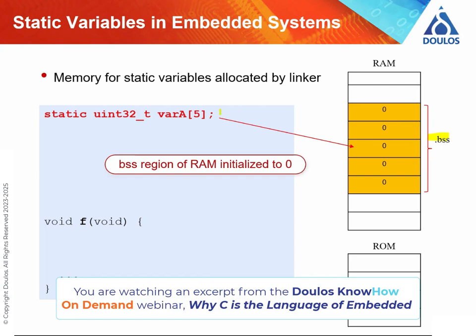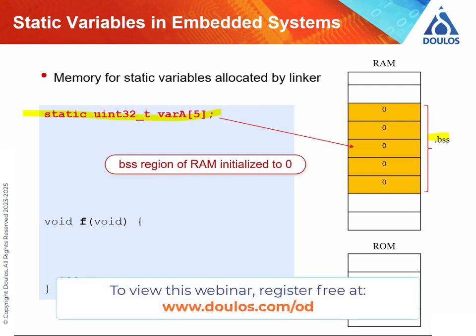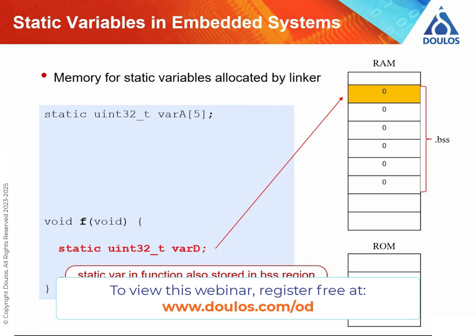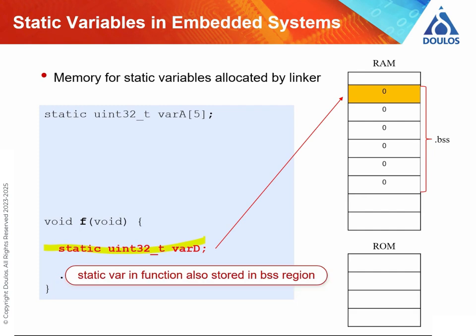If we have static variables that have not been initialized explicitly, then they get written into the BSS region and they'll be automatically initialized to 0 by the startup code. That applies to static variables which are global. If you have static variables inside a function, again, those will also go into the BSS region.